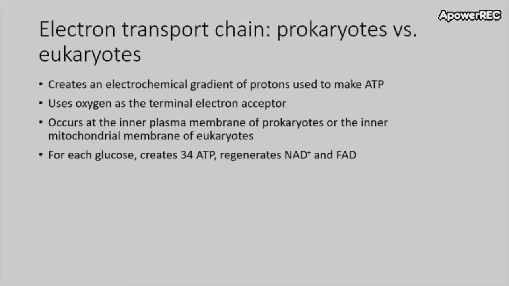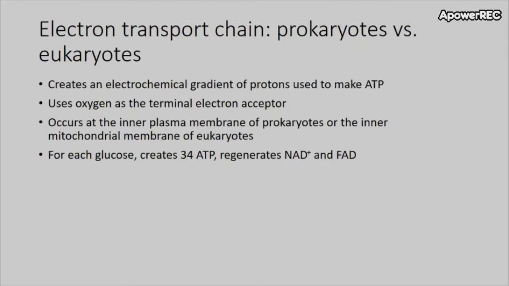So those electrons are used to shuttle protons across this membrane. And then those protons are allowed to travel back across. They want to be in homeostasis, just like we saw with osmosis. Those protons want to even out in concentrations on both sides.